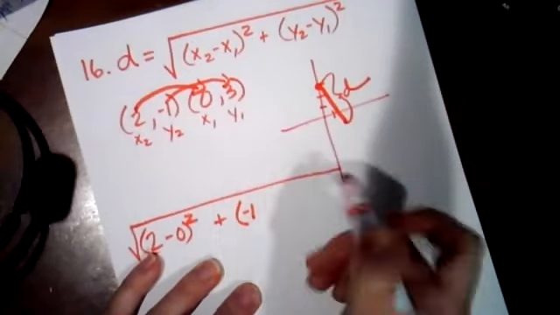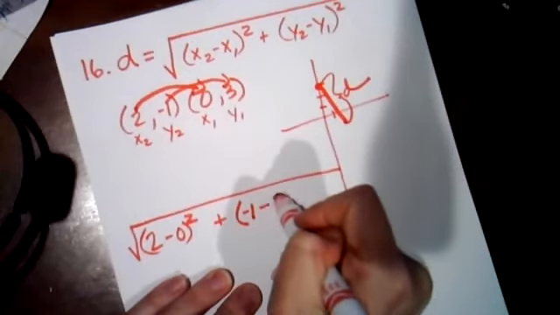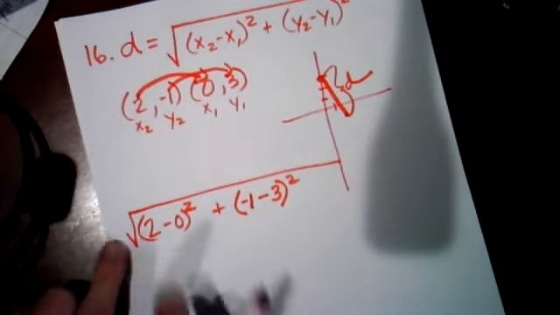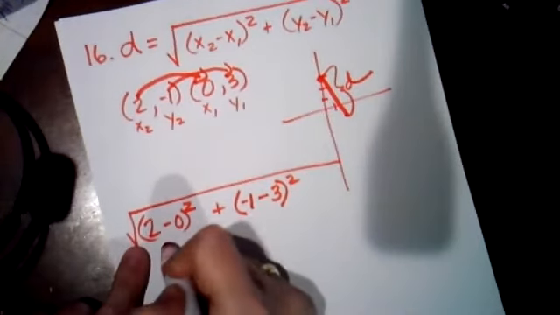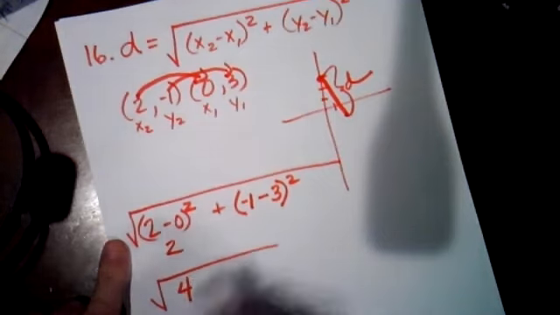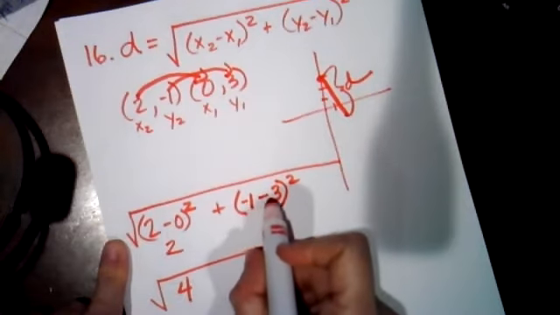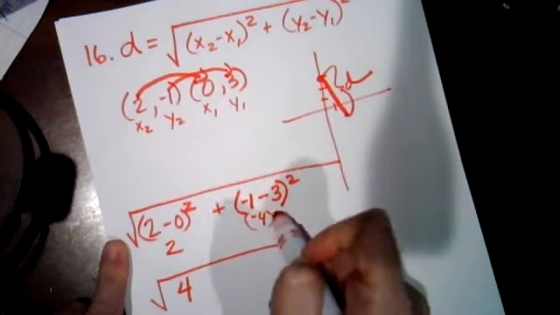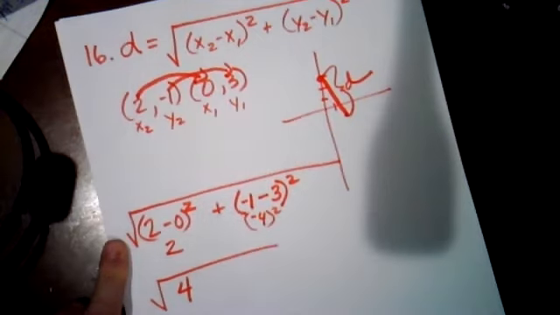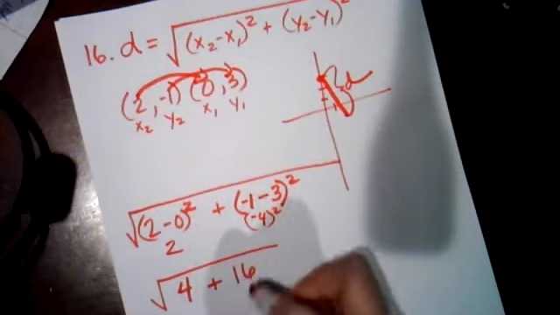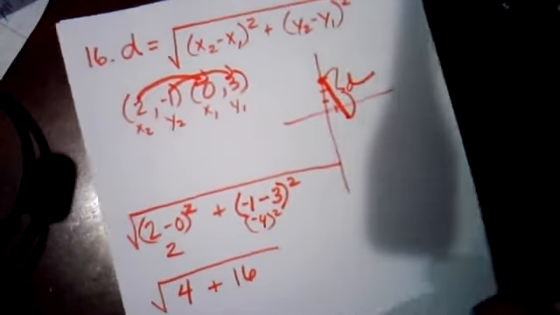So -1 minus 3, and don't forget to square. So what happens here? Well, that's just 2. What's 2 squared? Good, 4. And -1 minus 3 gives you -4. What happens when we square a negative? It becomes positive. So this becomes positive 16, and the negative went away.